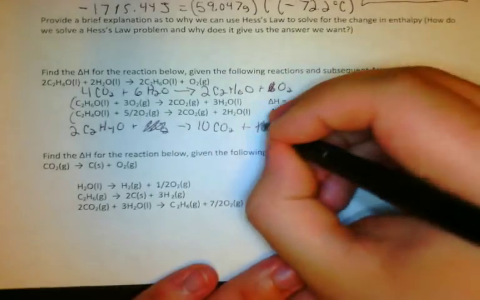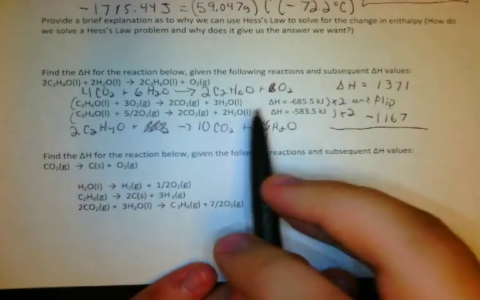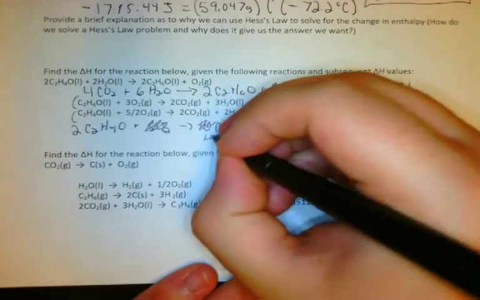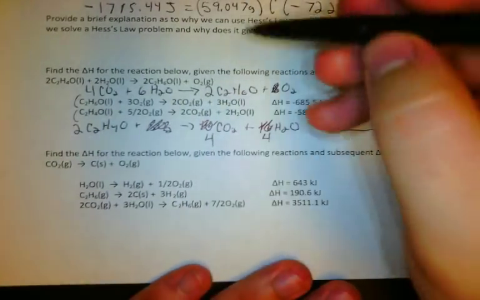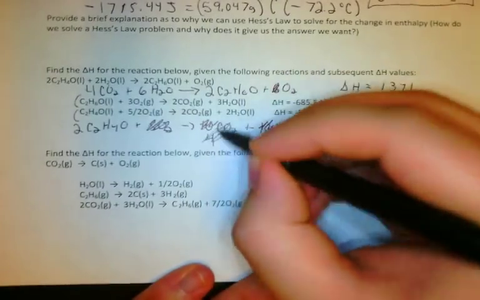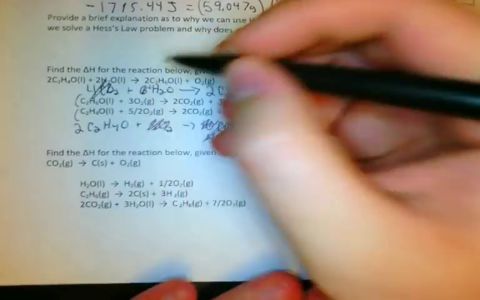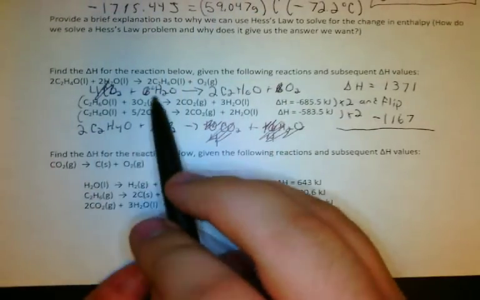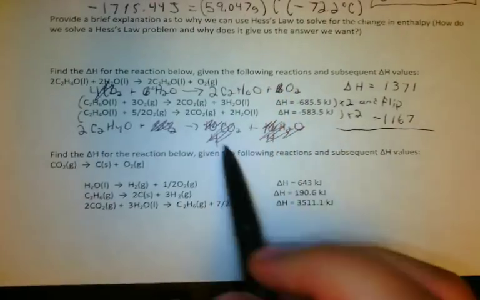This should not be 10. This should be 4. 2 times 2 is 4. 2 times 2, this should also be 4. That is my mistake. Those should not have been as large as I had made them. So 4 CO2 cancels. 4 H2O leaves me with 2 left over. That gives me my 2, 2, 2, 1. Just like I wanted, if you ignore my mistake.